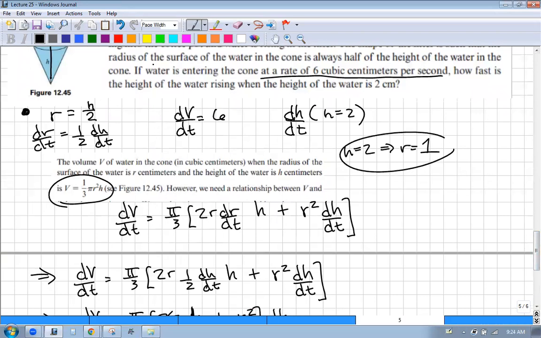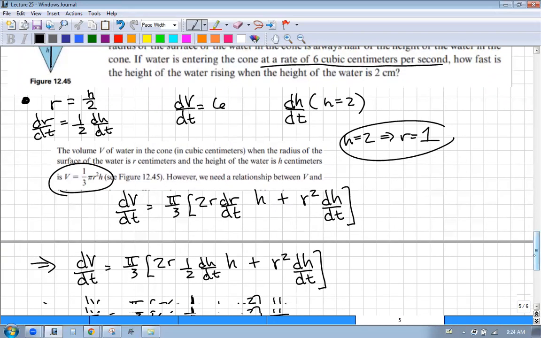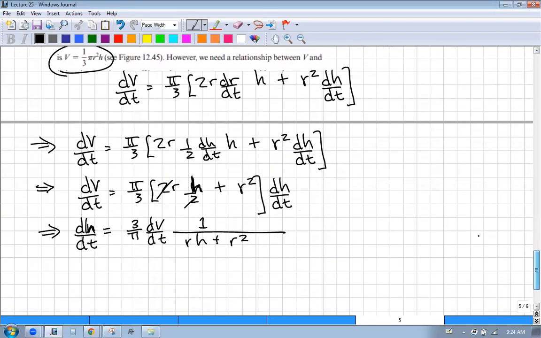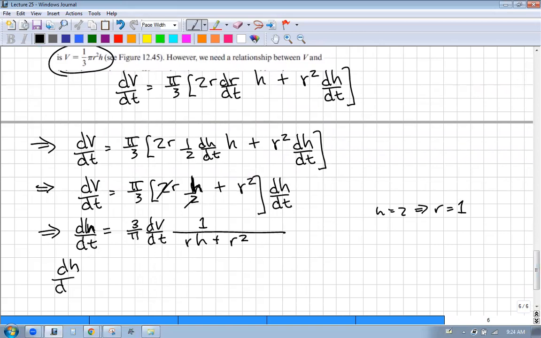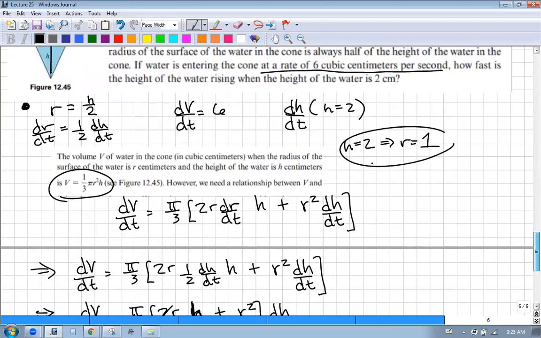So if h is 2, r would be 1. Okay. So if h is 2, r is 1. So dH/dt, when h equals 2, r is 1, and they say dV/dt is 6.